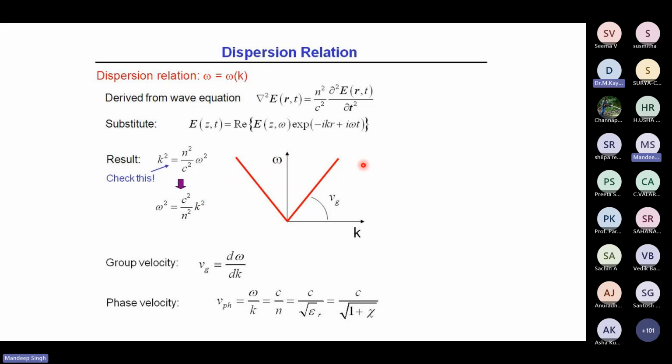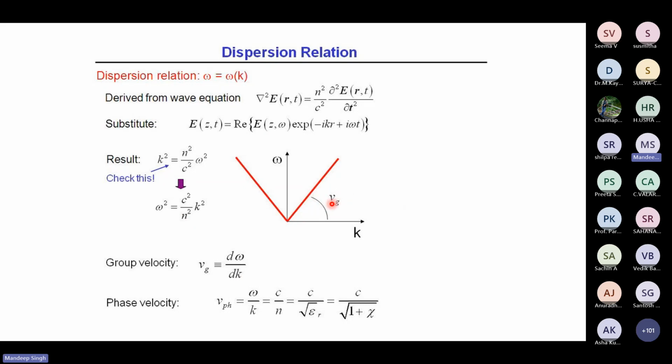Our purpose is to get the behavior of group velocity. Group velocity is the derivative of omega with respect to k. So this is the main equation, and when we take the derivative, you will get this type of response, a straight line.